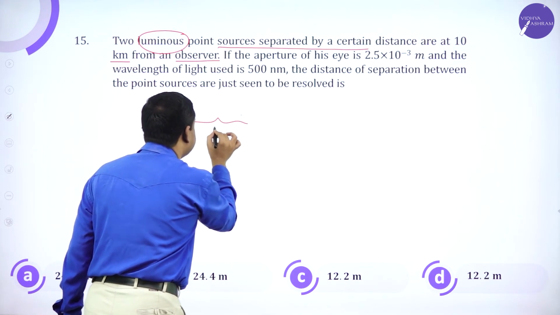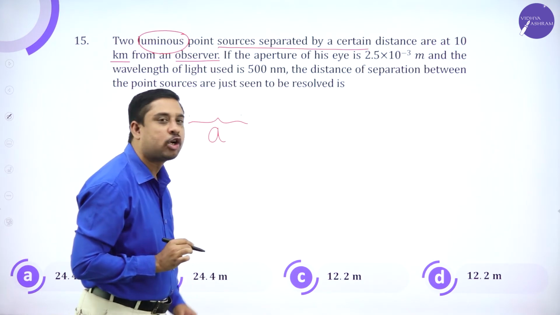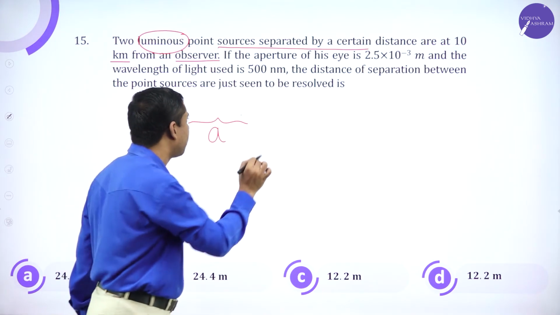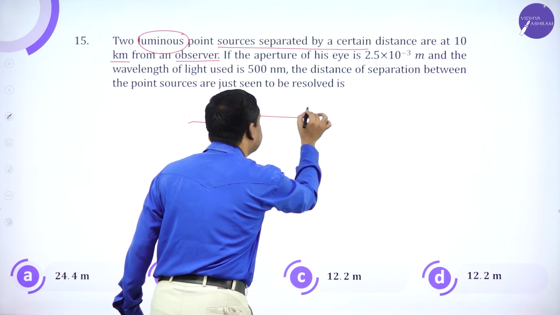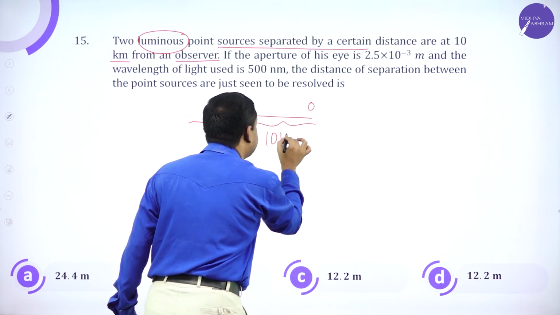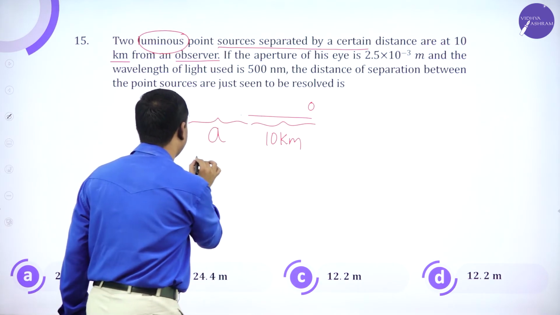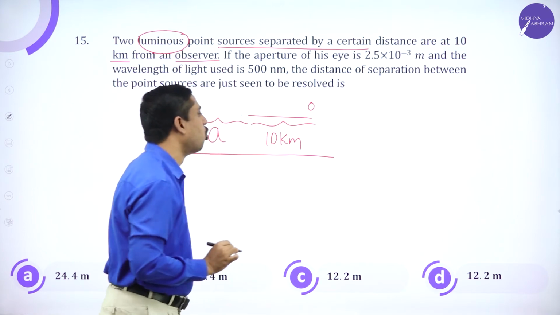They are separated by a certain distance, what I call as A. And here is the observer who is at 10 kilometer distance from the 2 sources.